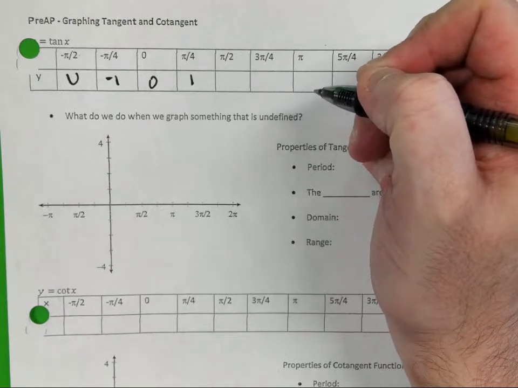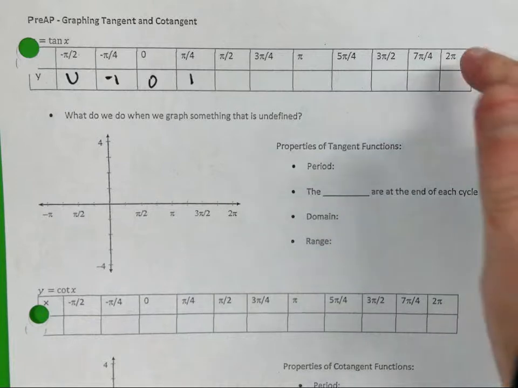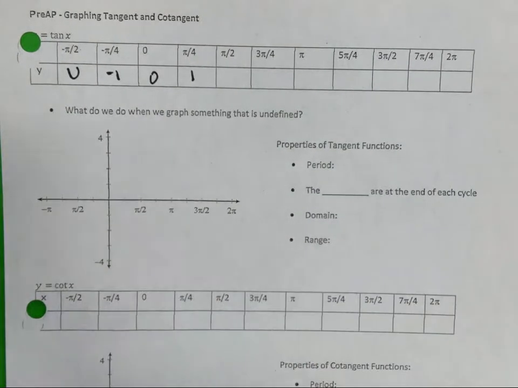You can work in your group. If you're still confused about what I'm doing, you can talk in your group. I need you to figure this out and the cotangent out. Does that make sense?